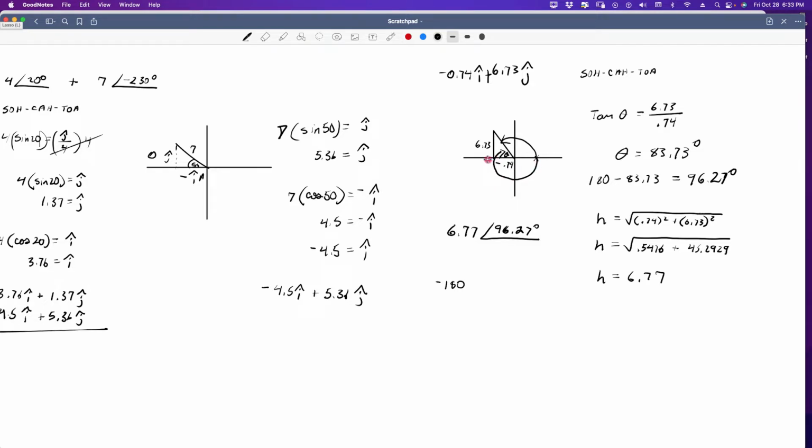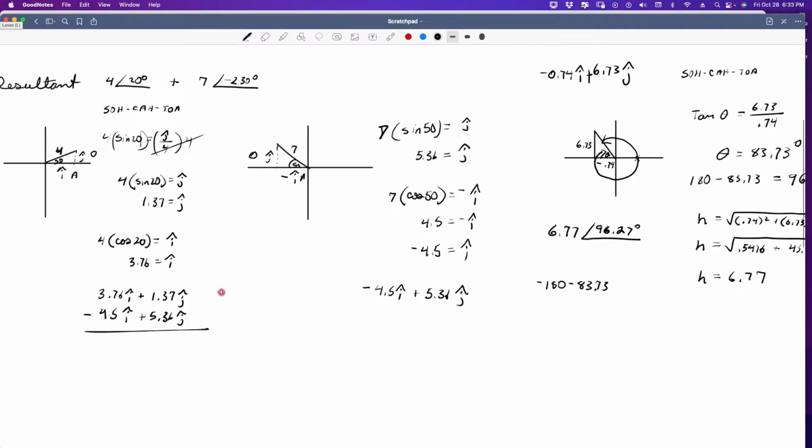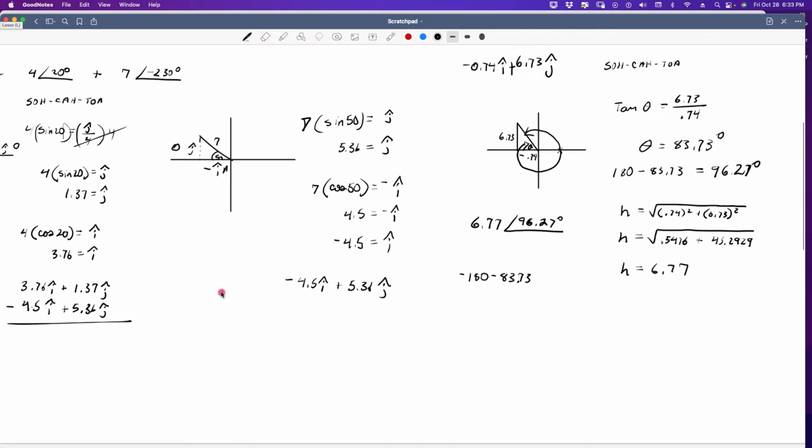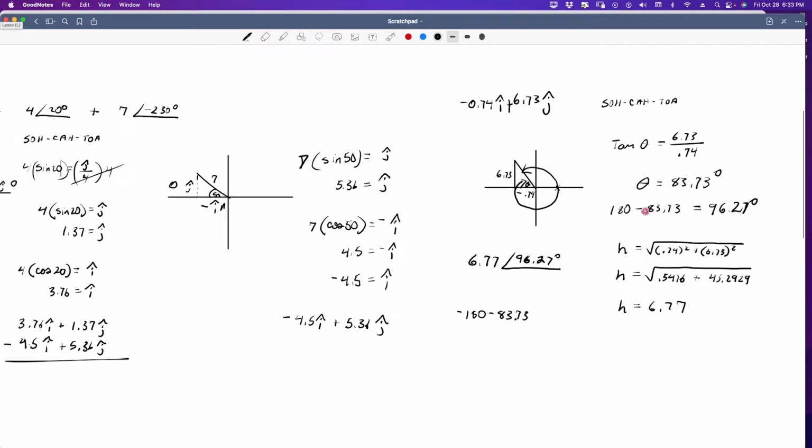Negative 90, and then make this a negative 83.73 and subtract it, which is what we did from the beginning. We subtracted it from here, from the positive 83.73.